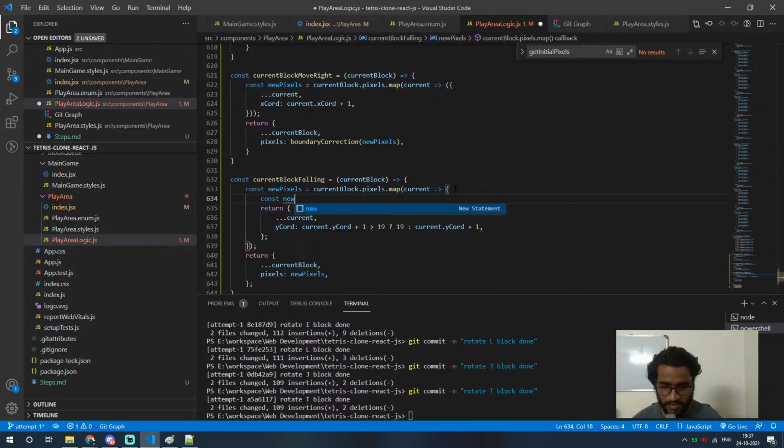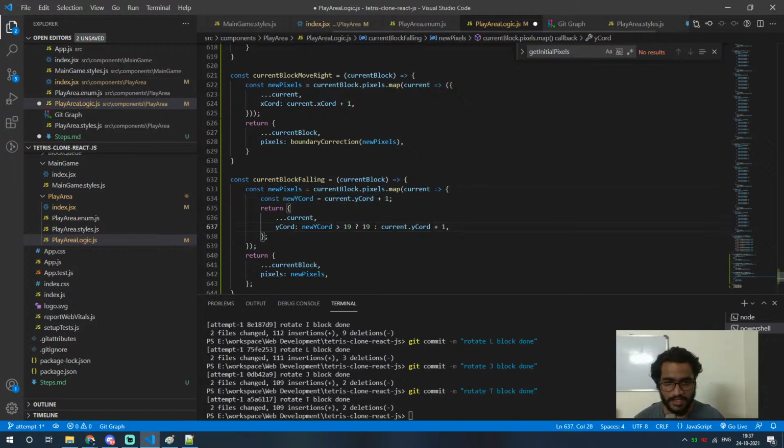Const new y coord equals current y coord plus 1, and if new y coord is greater than 19, then 19, else new y coord. So the logic is the same.